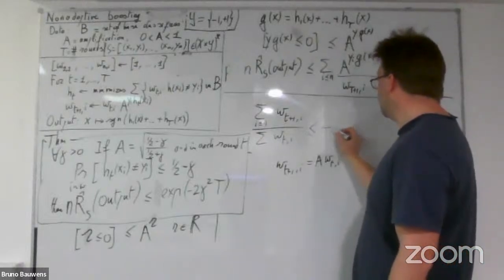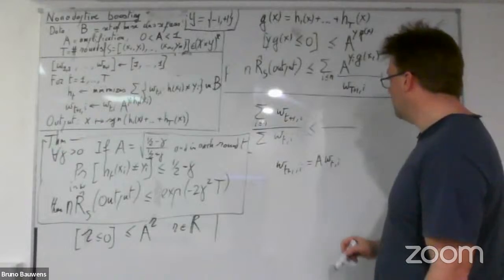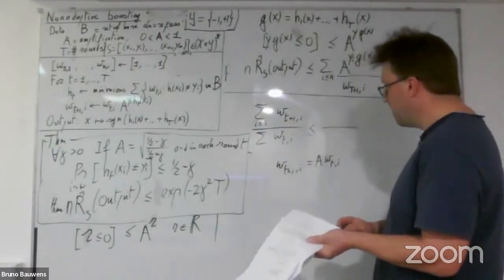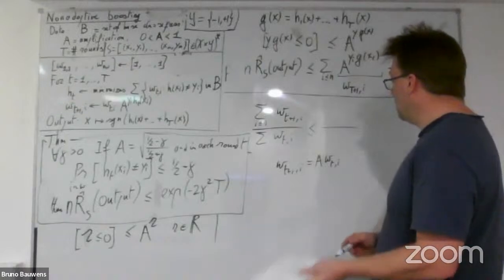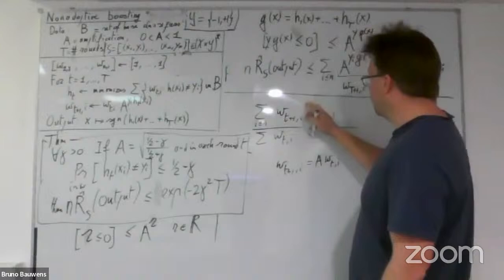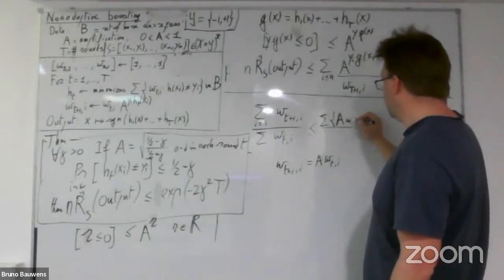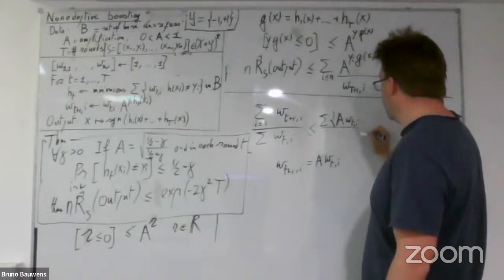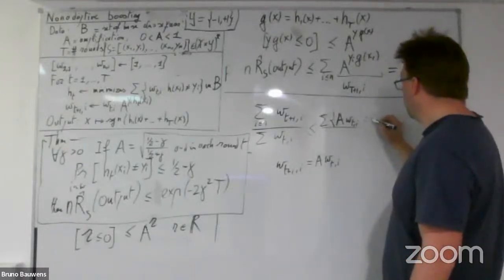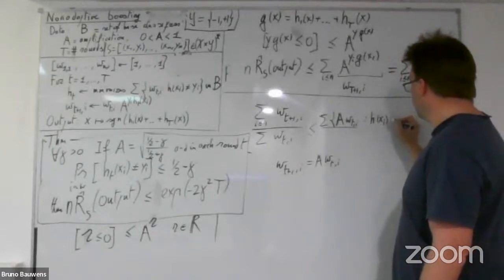So we can write this as two sums. For the correct points, a times w_t(i), for i such that h_t(x_i) is equal to y_i.